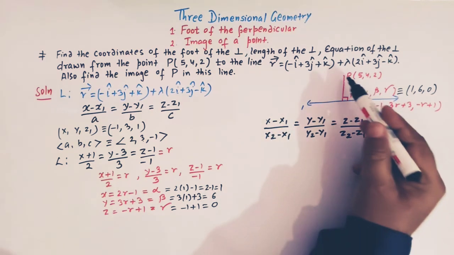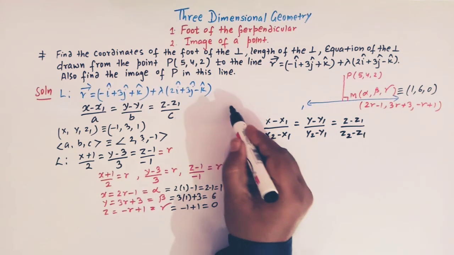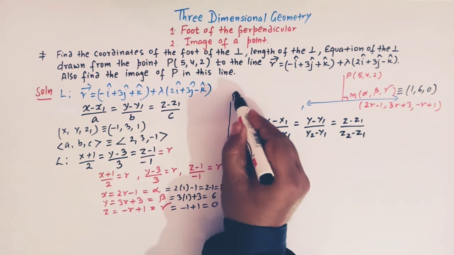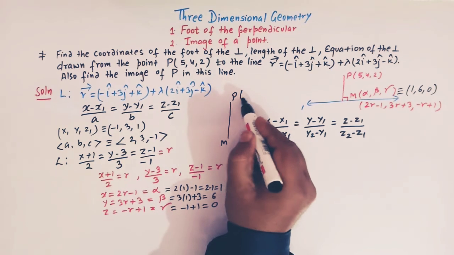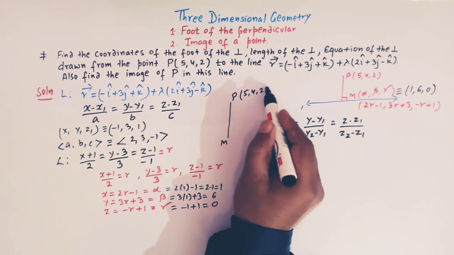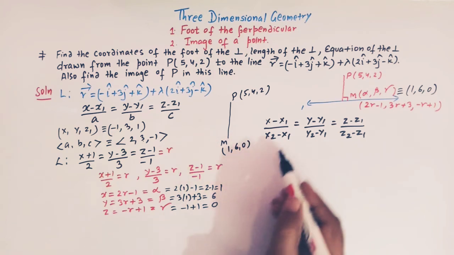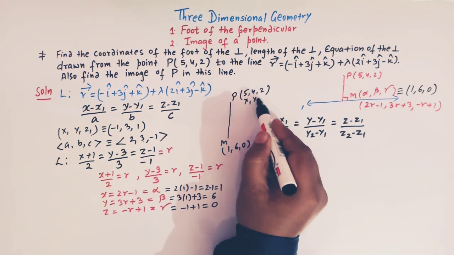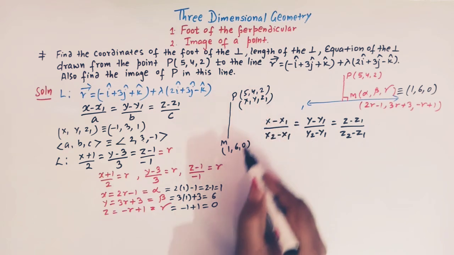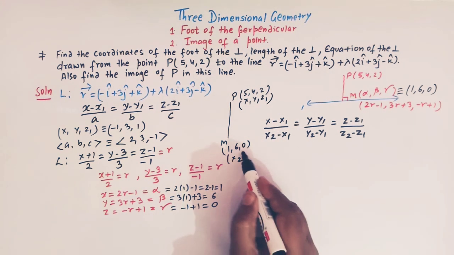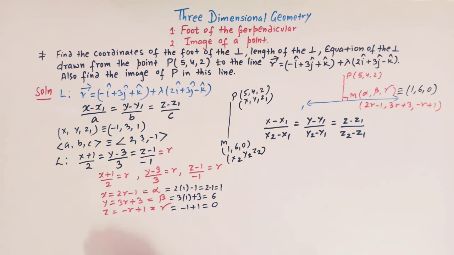So here we have to find the equation of PM, and P is 5 4 2 and M is 1 6 0, right? So this point can be taken as x1 y1 z1, this point can be taken as x2 y2 z2, right?